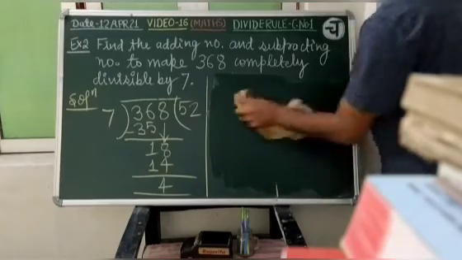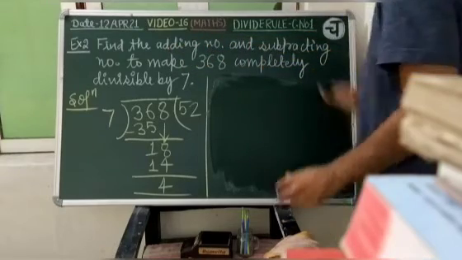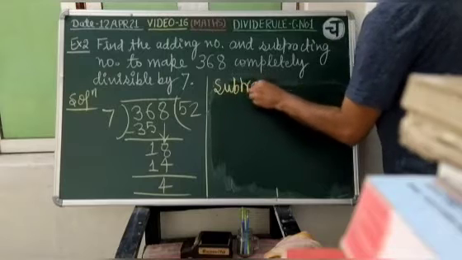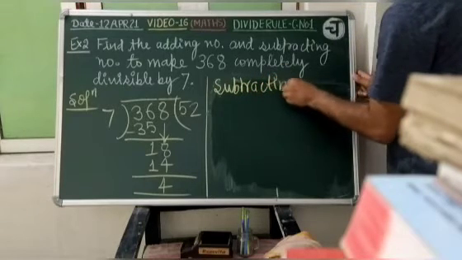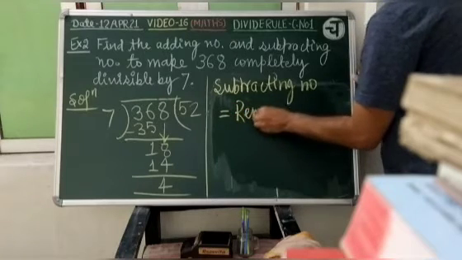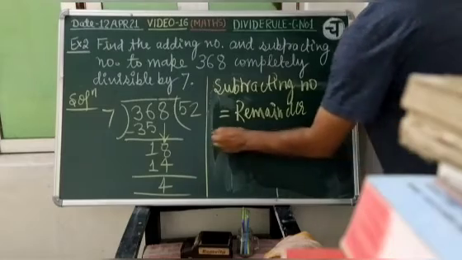And what will be the subtracting number? The question is saying to find the adding number and subtracting number also. So you all know that the subtracting number, I have told you, should be equal to nothing but our remainder, and that remainder is our 4.